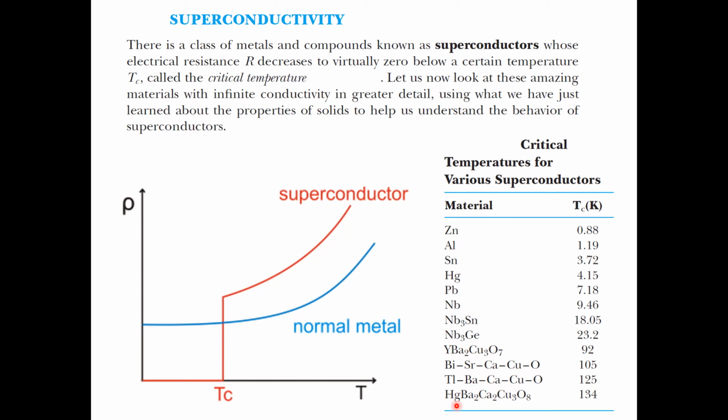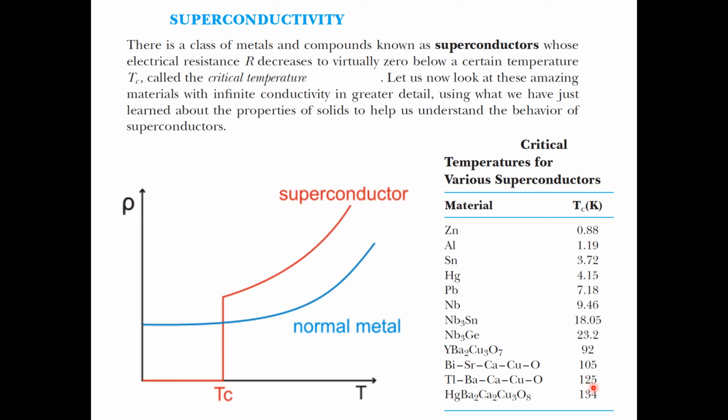And this is the form of mercury barium calcium copper oxide. And on this side, you see the critical temperature. So it's going to be higher and higher, right? This is the first discovery of the superconductor, which I will explain very soon.